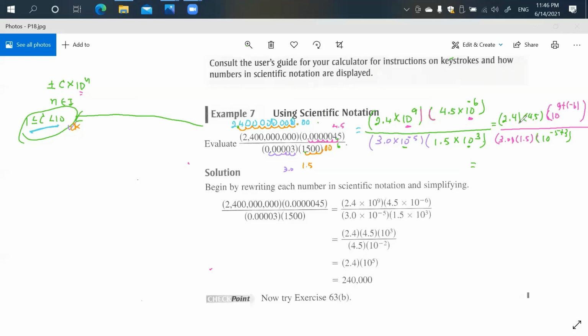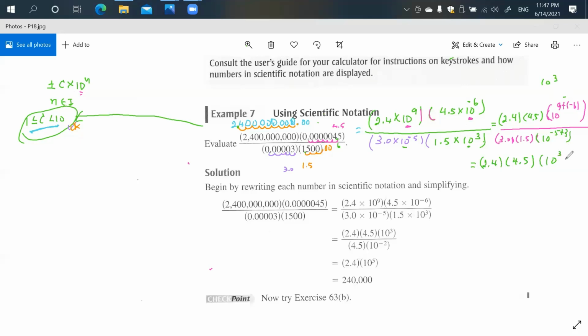So 2.5, right? 2.5 times, we simplify the index first, times 4.5. And then this one becomes what? 10, right? 10, 9 plus, this one, plus times minus becomes minus, correct? So you have the index here, you're going to have 10 power, take it out, negative, so 10 power 3.